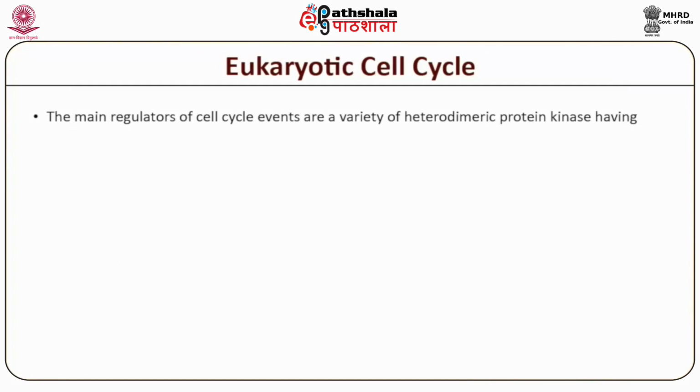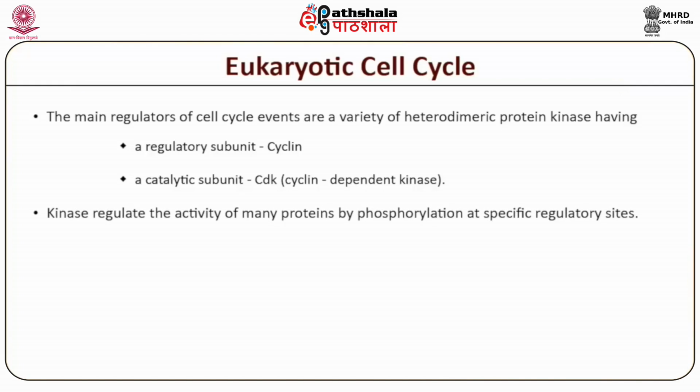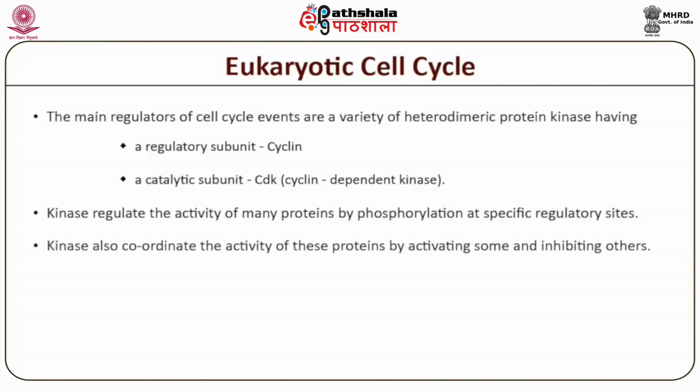They are key regulators of the cell cycle. These heterodimeric protein kinases include cyclin, which is the regulatory subunit, and CDK, that is cyclin dependent kinase, which has the catalytic subunit. These proteins regulate the activity of many proteins by phosphorylation at specific regulatory sites. They can also coordinate the activity of proteins involved in the cell cycle by activating some and inhibiting others.